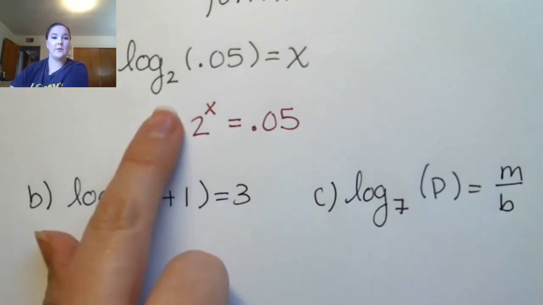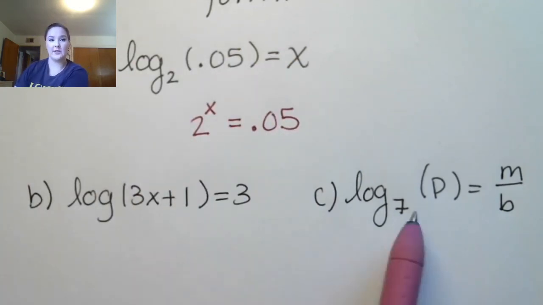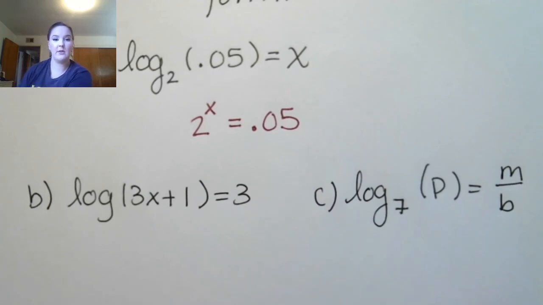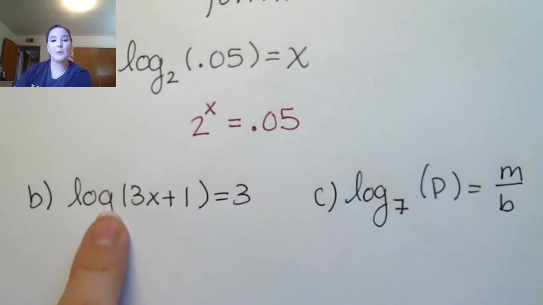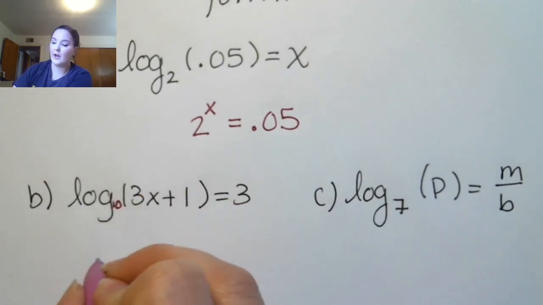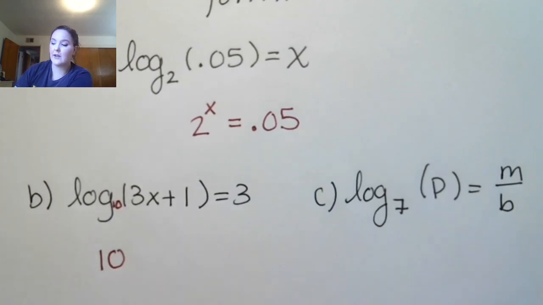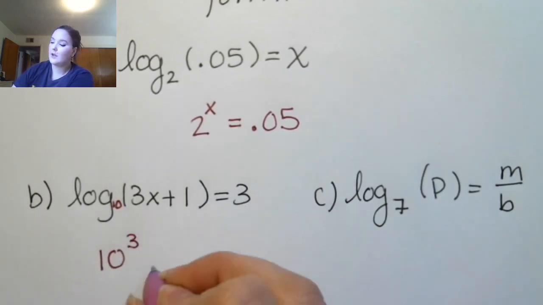Okay, so with this example in mind, go ahead and pause the video and give your answer to these two now. Okay, now that you've tried this on your own, let's talk about the part B, okay? So remember, when you don't see a base, that means that it's the common log and this is base 10, okay? So our base is going to be 10. The exponent is our answer, okay?